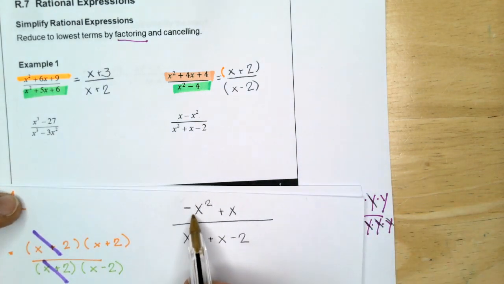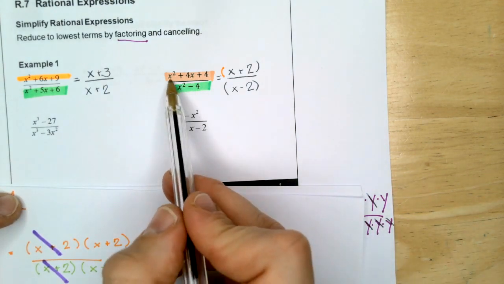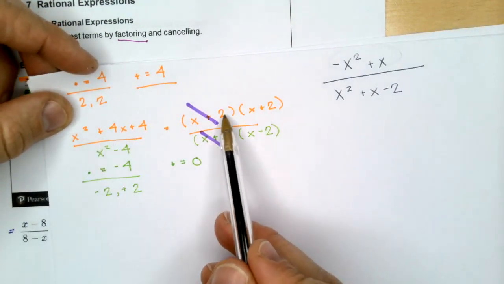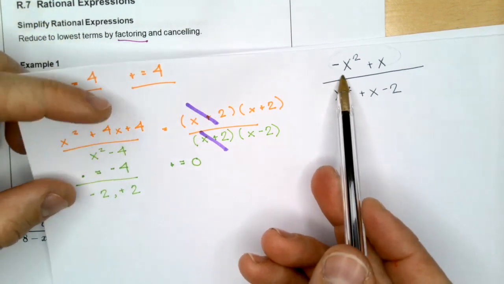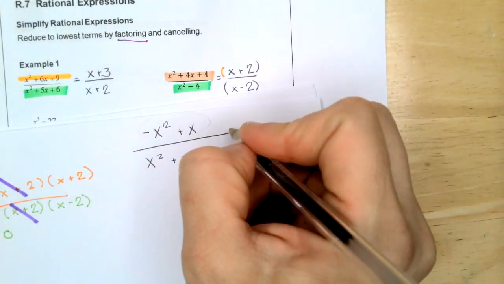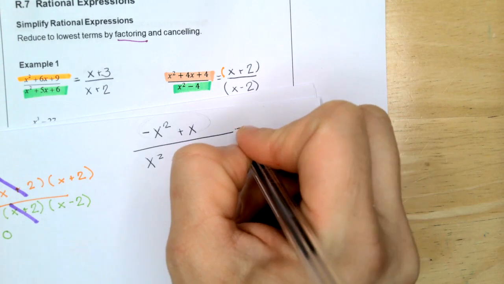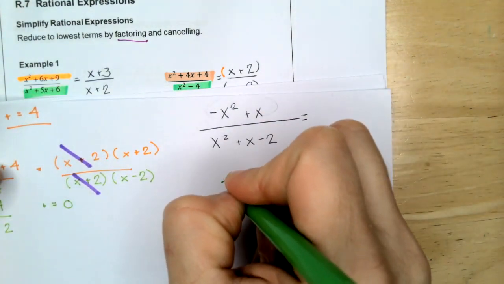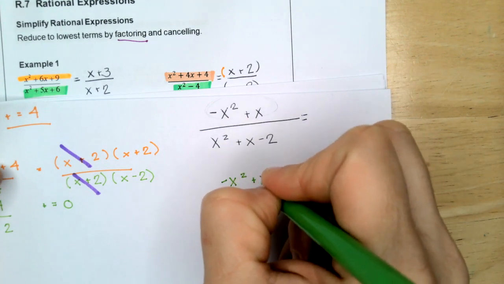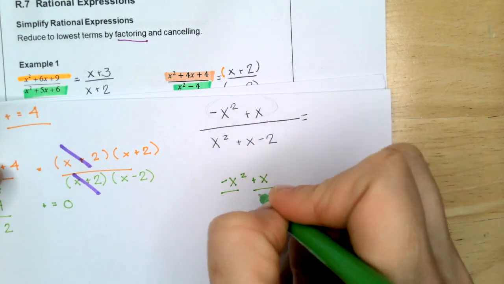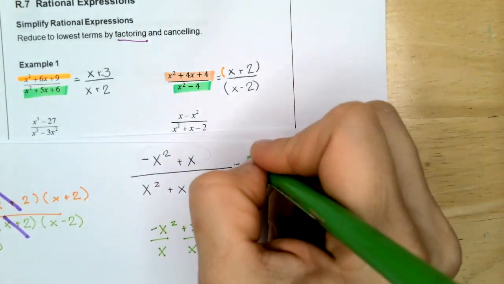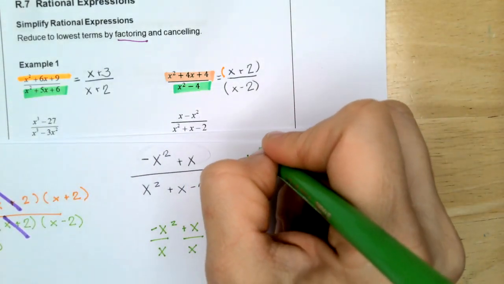Okay, before we're even doing something like this where we're trying to change it into two factor pairs, what we want to do is see, can I take anything out? Can I factor anything out of x squared and x? So negative x squared plus x, I can divide those both by x, right? So that becomes x.